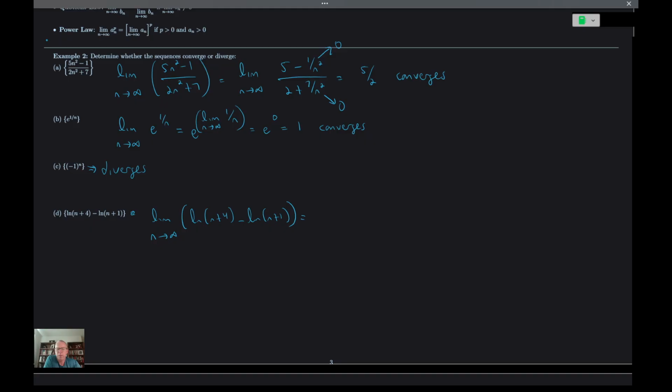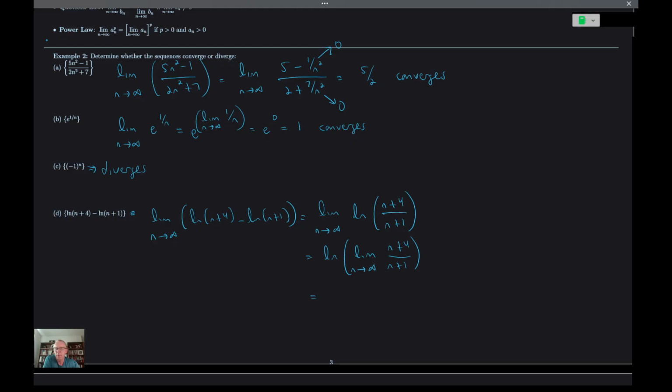Let's use the properties of logarithms and write this as ln((n + 4)/(n + 1)). And then, like we can do with the exponent, we can move the limit into the ln function also. If you prefer, you can just consider (n + 4)/(n + 1). Where does that go as n goes to infinity? So either way is fine.